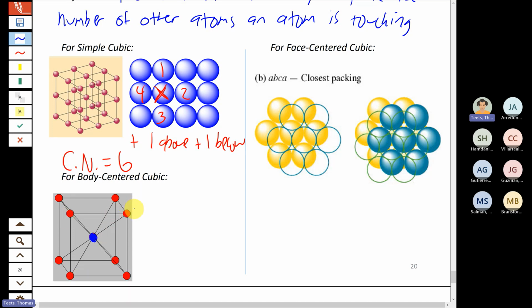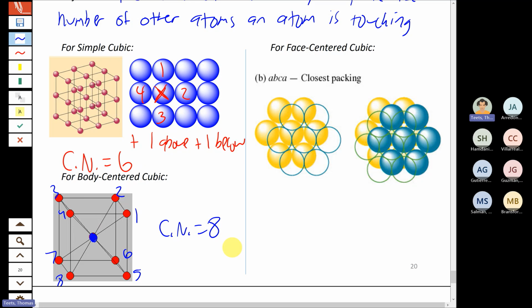There's 8 corners in a cube: 1, 2, 3, 4, 5, 6, 7, 8. So in the body-centered cubic structure, each atom has 8 nearest neighbors, so the coordination number is 8. We said as the packing efficiency gets higher, so does the coordination number. So simple cubic is 6, body-centered is 8.